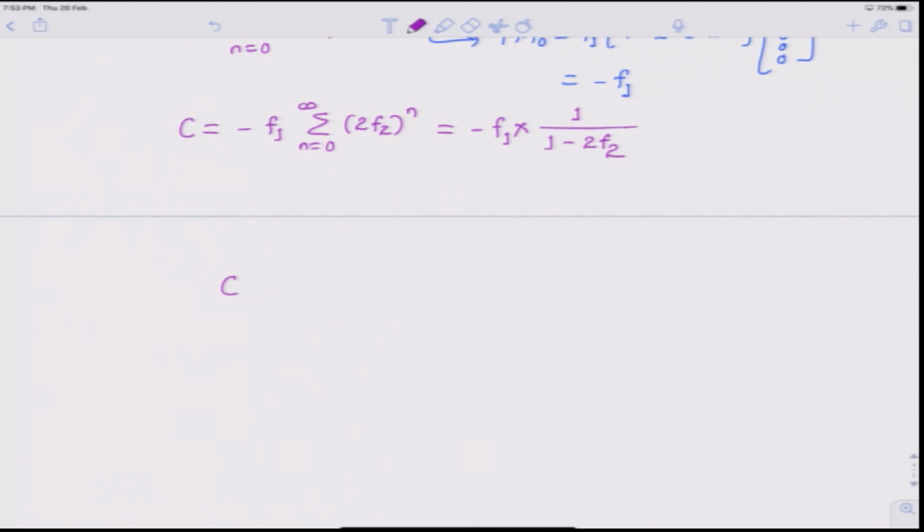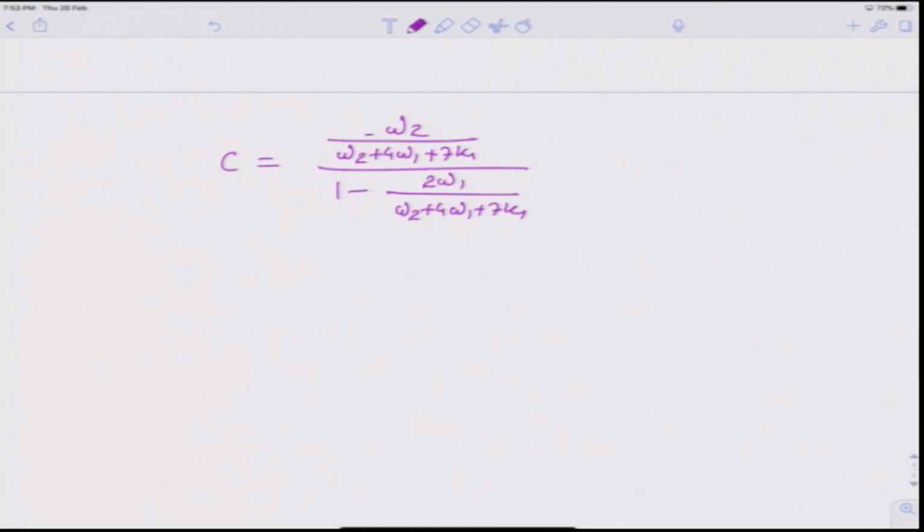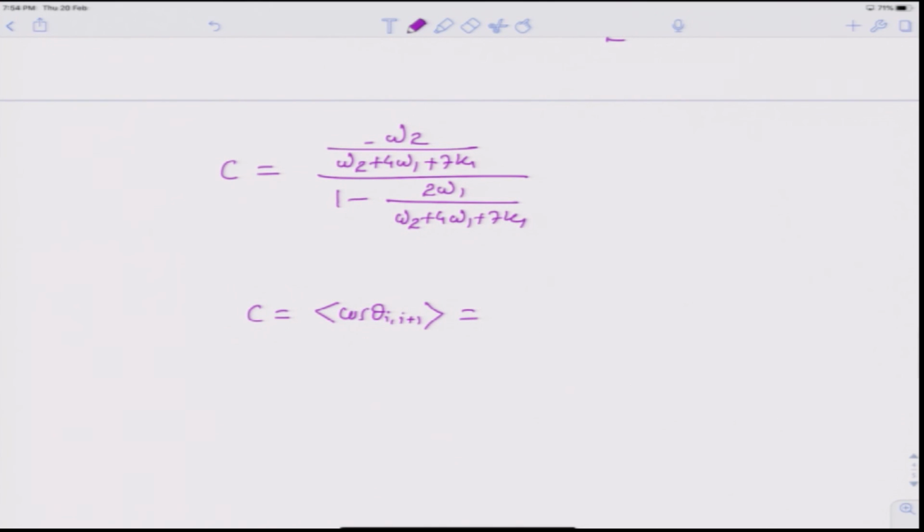If we substitute, we get C, which is nothing but the average of cos theta i plus 1 over all atoms, should be equal to minus omega 2 divided by omega 2 plus 2 omega 1 plus 7 k1.